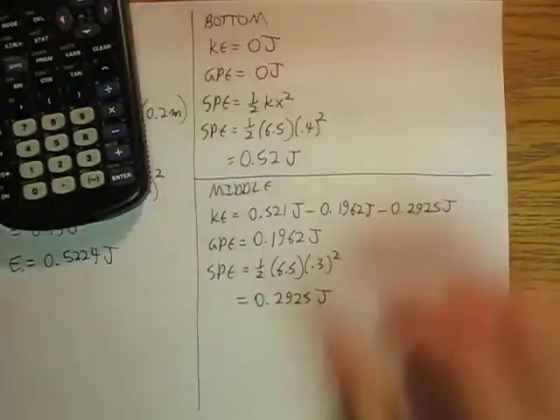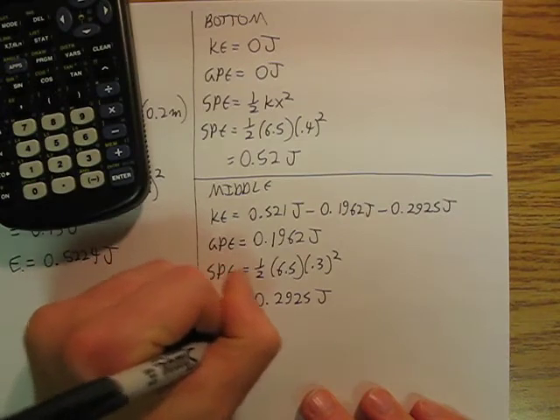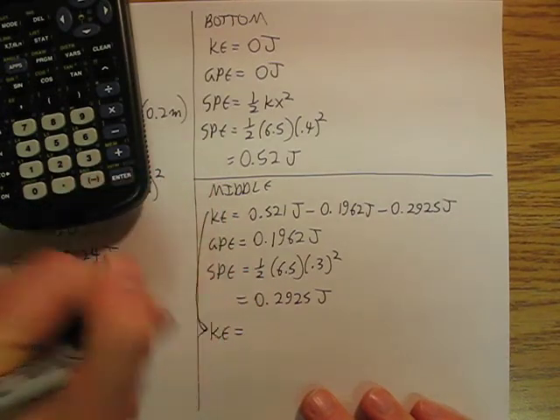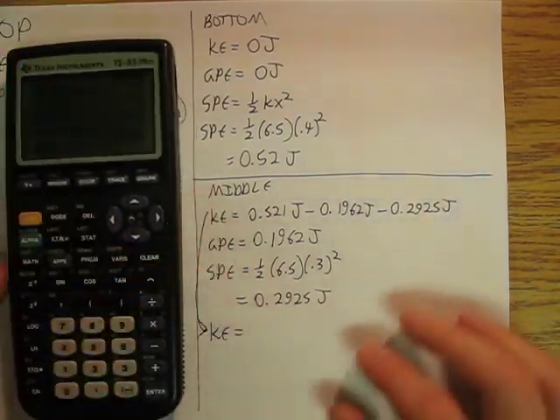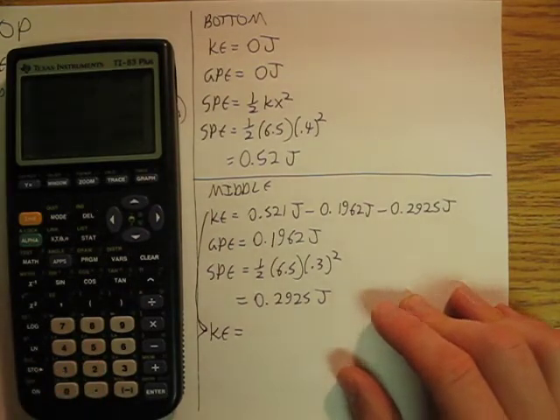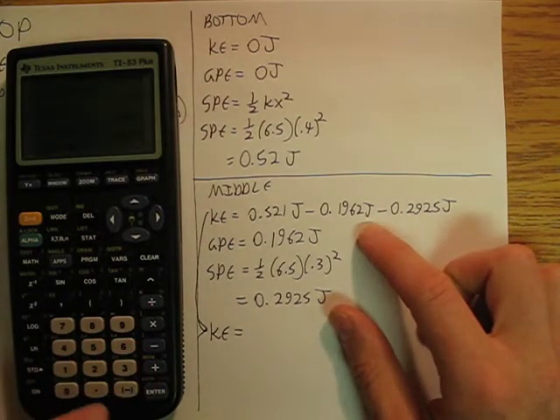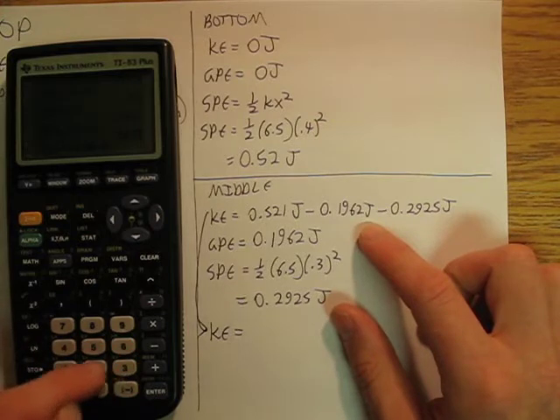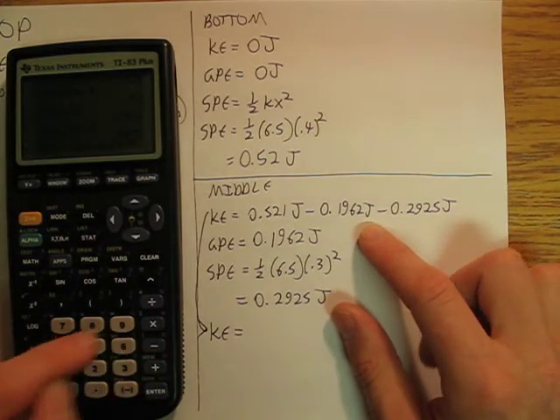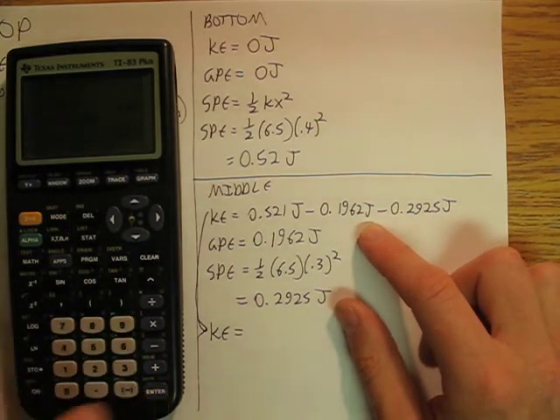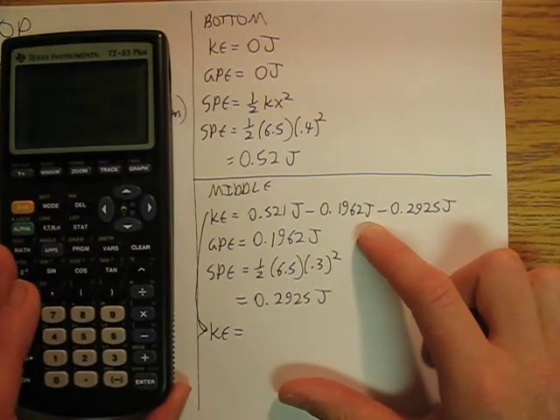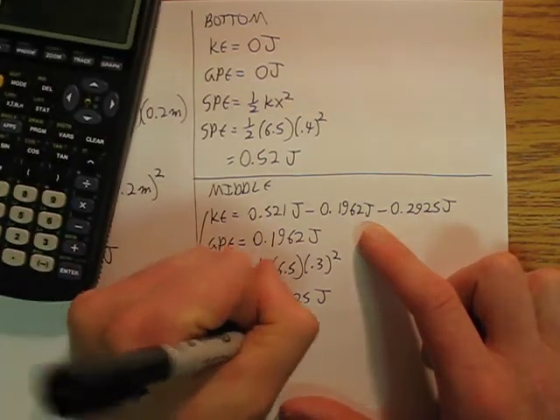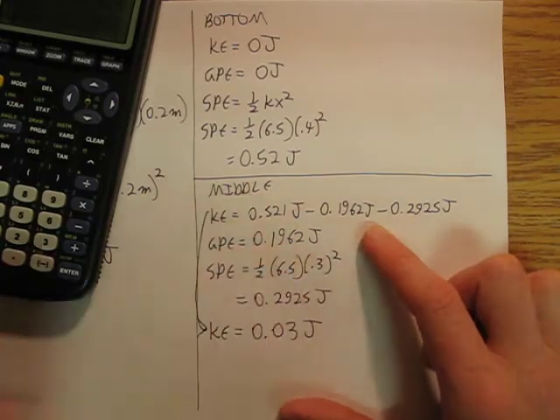And so my kinetic energy at the middle is going to be what's left over. So 0.0323, so 0.03 joules.